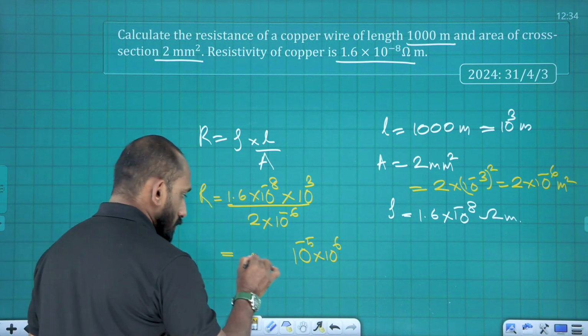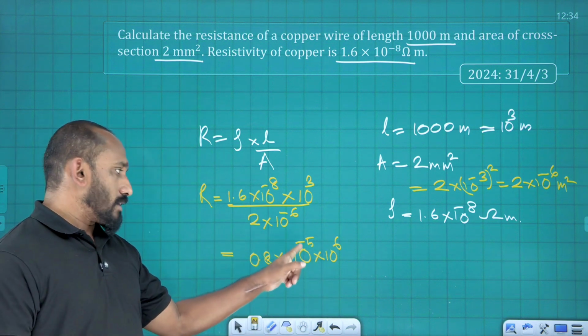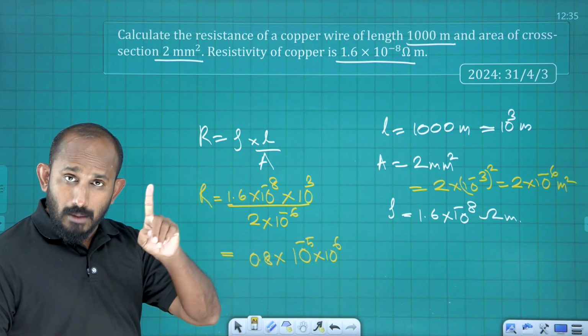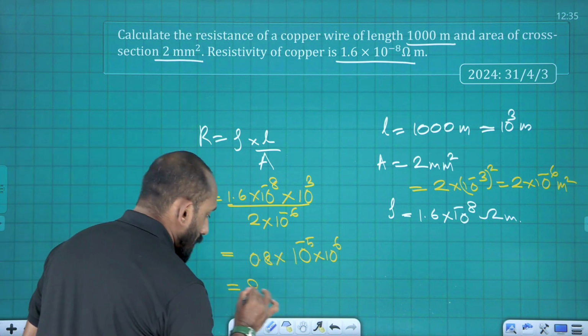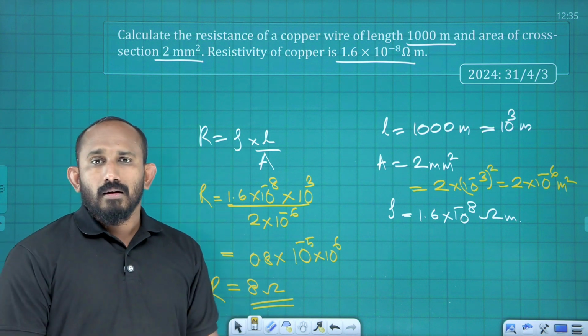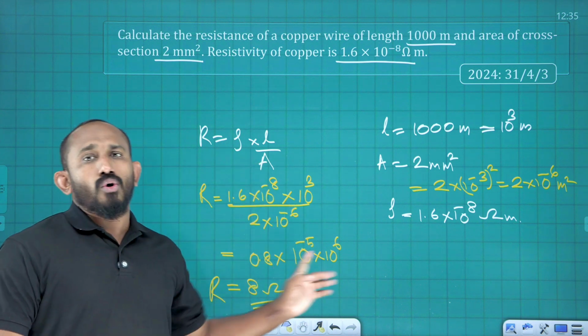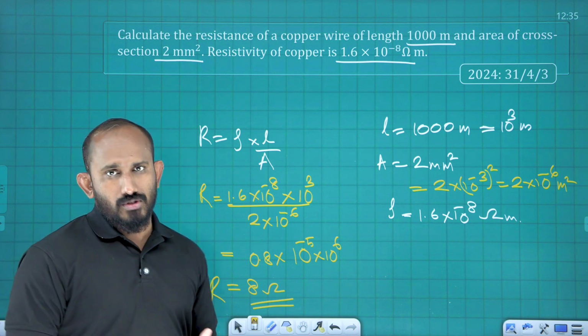So it is 0.8 into 10 raised to minus 5 into 10 raised to 6. 10 raised to minus 5 into 10 raised to 6 is 10 power 1, that is 10. 10 into 0.8, it is 8 ohm. So answer is 8 ohm. So this wire will have 8 ohm resistance. Hope you got it. Let's go for the next question.